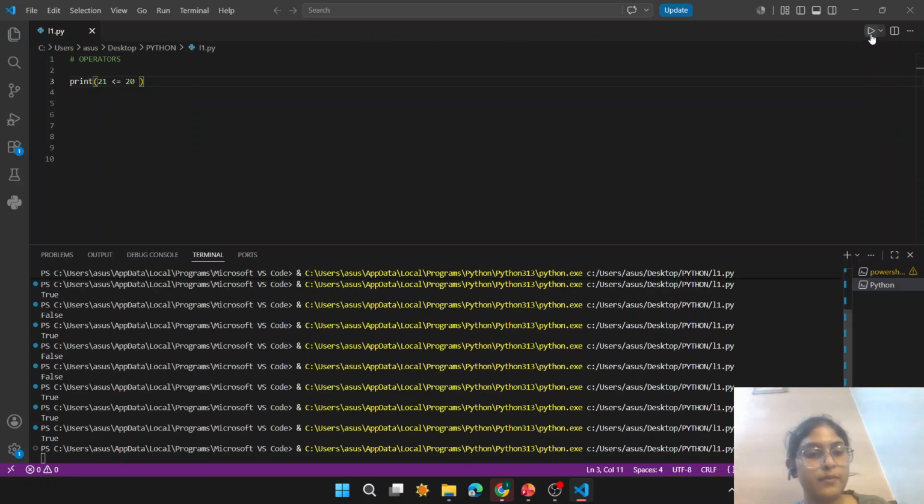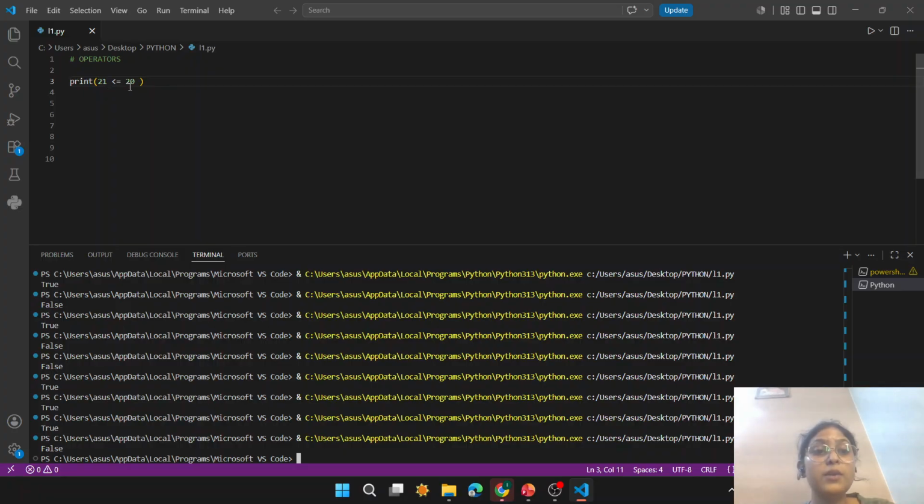A similar thing we can do for less than. Let's see. Is 21 less than 20? No. Remember that this kind of thing is used in eligibility criteria.